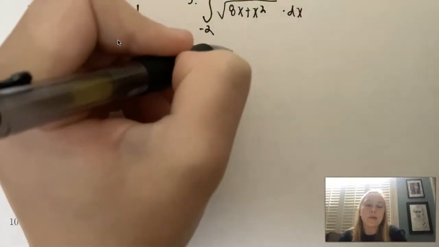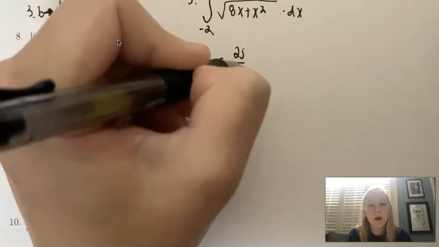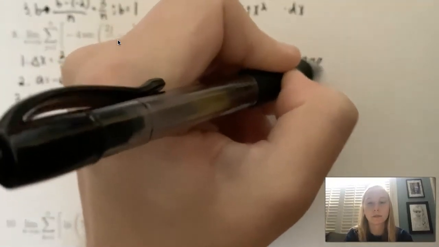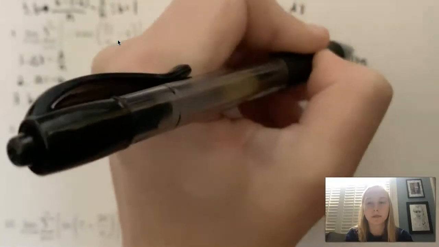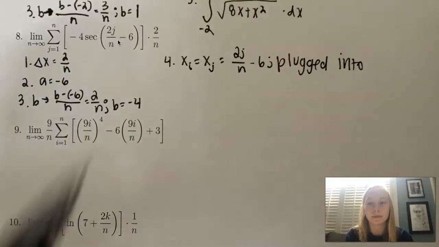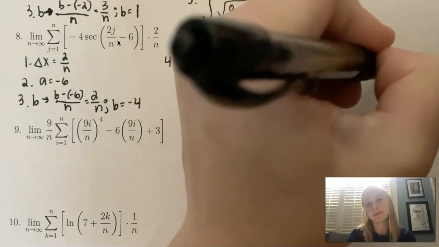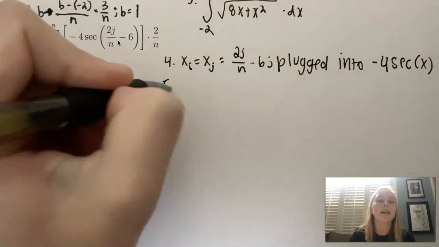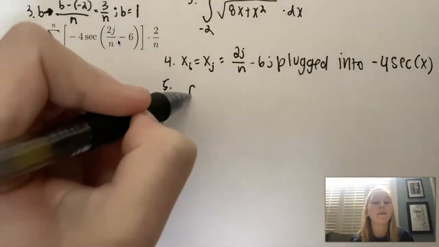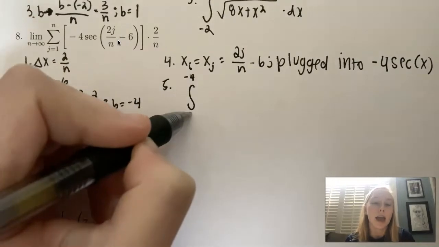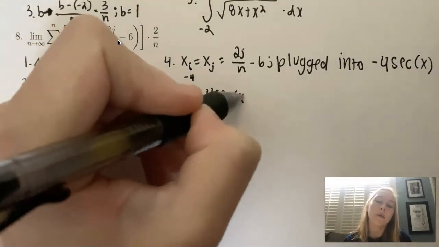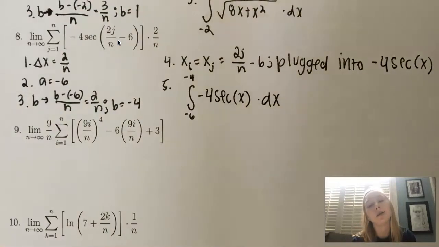And as I said, they use j in this case, but it's not a big deal at all. And as you guys can hopefully see, xi was plugged into -4 secant x. And now we're just going to use those endpoints that we found in that equation that we found and plug it into an integral, and that's the answer.